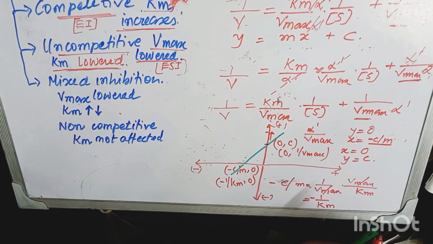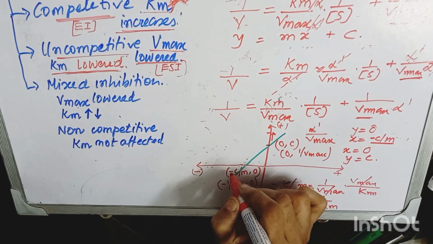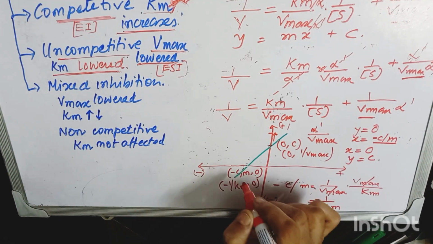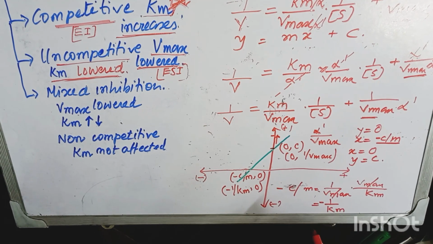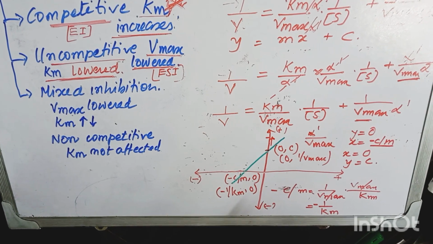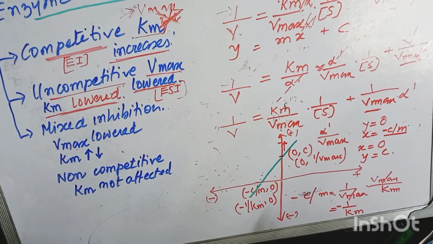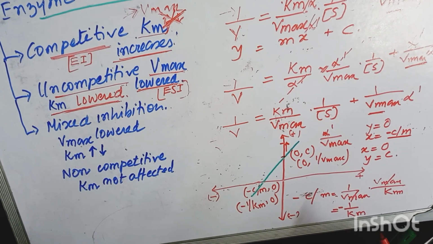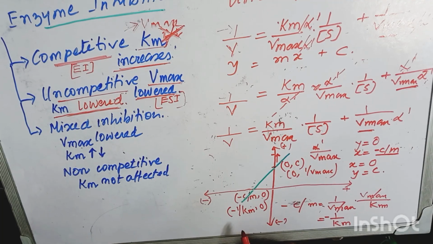Okay. Now what happens to this Km point of view? Km is also lowered. How much is Km lowered?